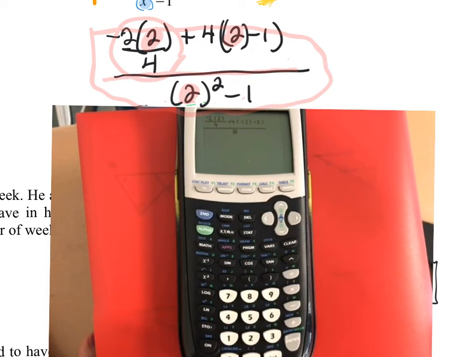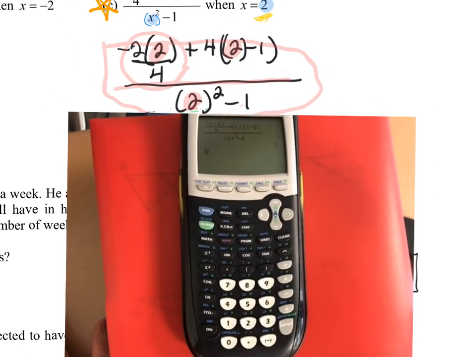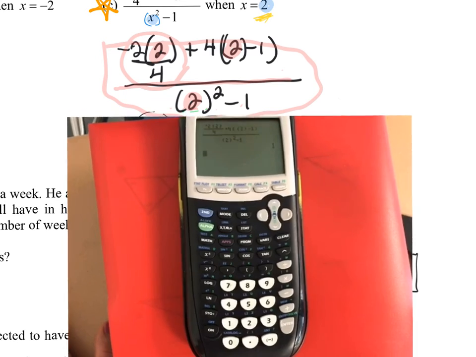Arrow down to the denominator, type what you see. Again, you don't really need those parentheses around that 2 at this point, but you can. And if I hit enter, I get my answer. 1, which is exactly what I got before when I did this by hand.